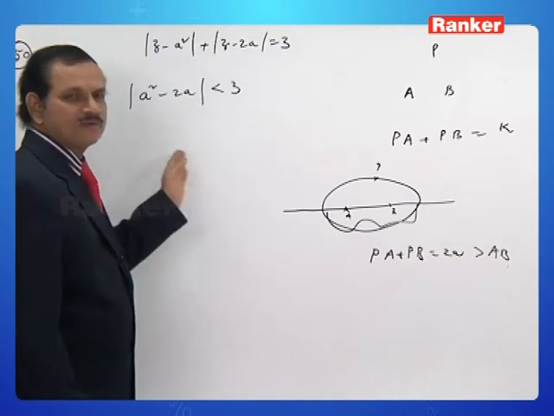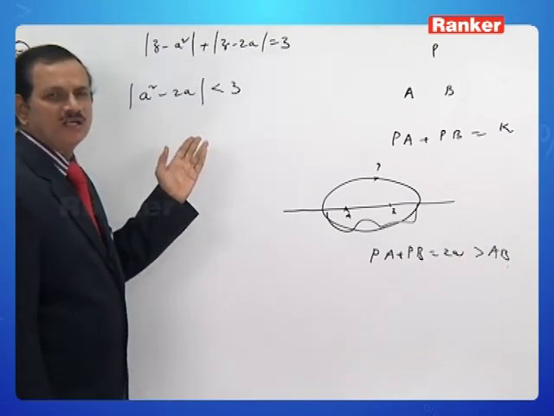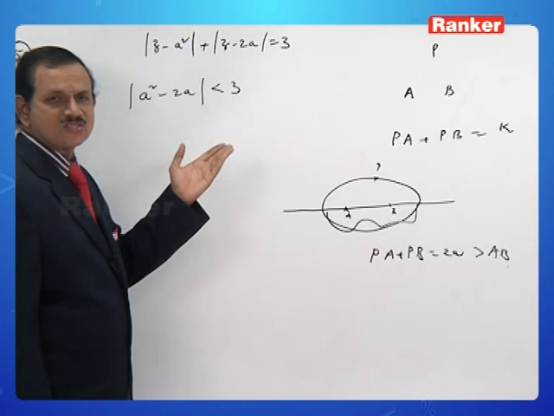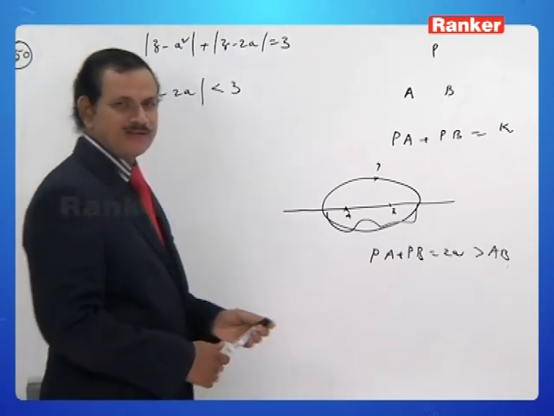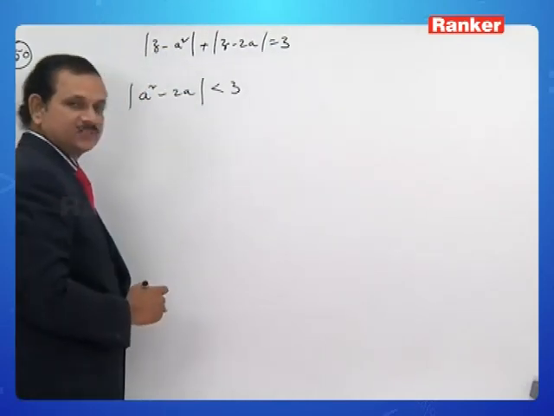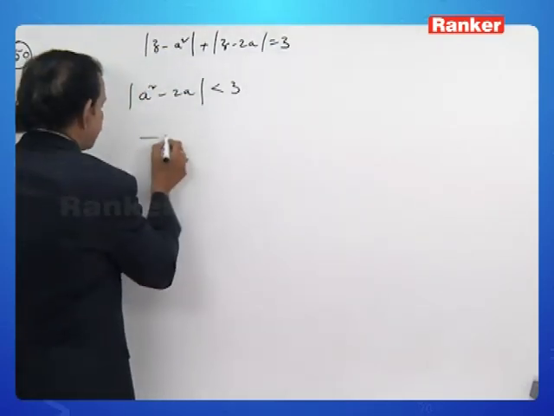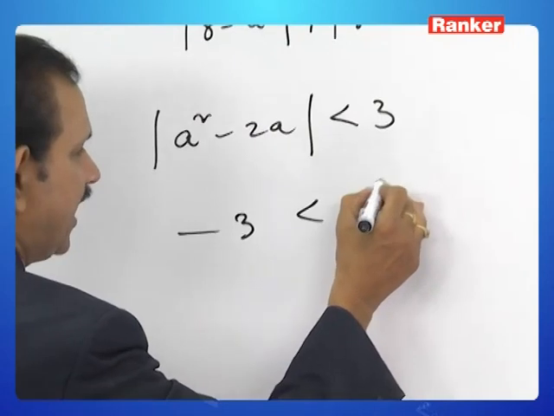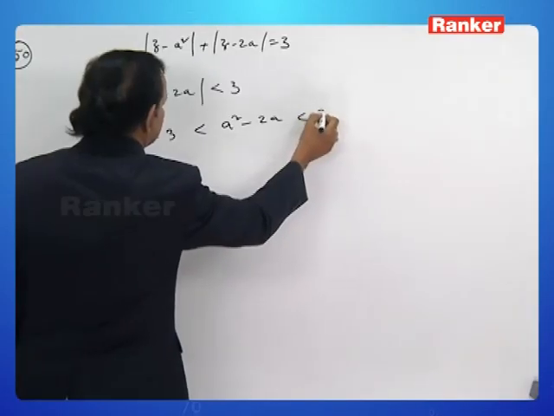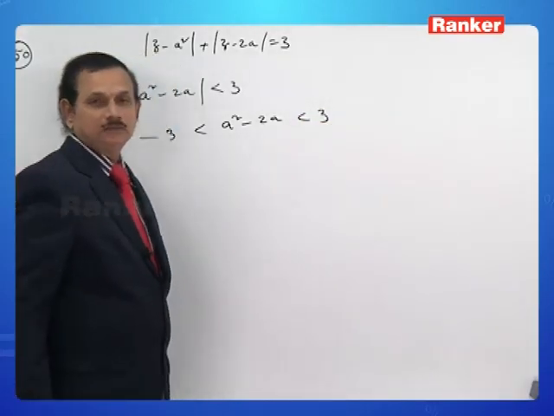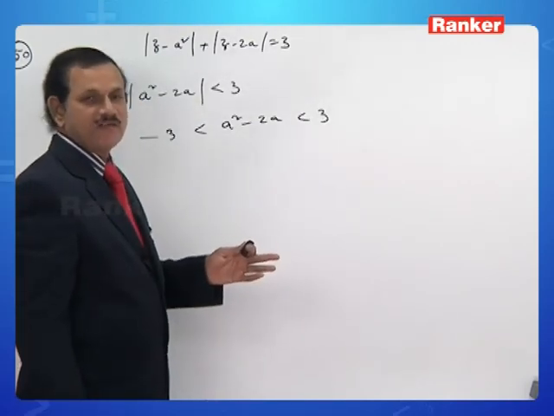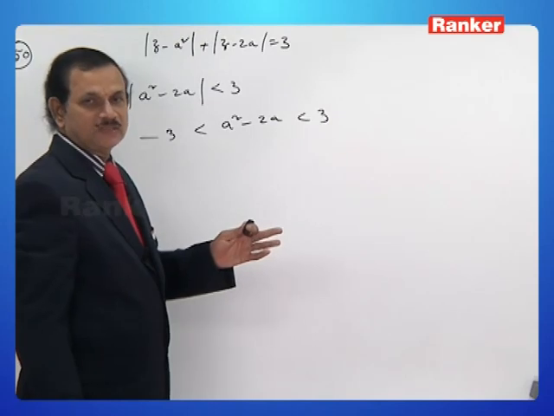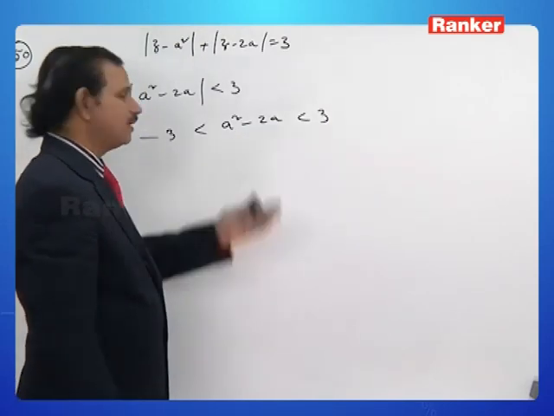Of course, we can proceed in our usual way of solving inequalities to get the nature of A, small a, of course. Yes, let us follow that. A square minus 2A is less than 3 means minus 3 is less than A square minus 2A is less than 3. As mod x is less than 3, it is believed that x lies between minus 3 and plus 3.